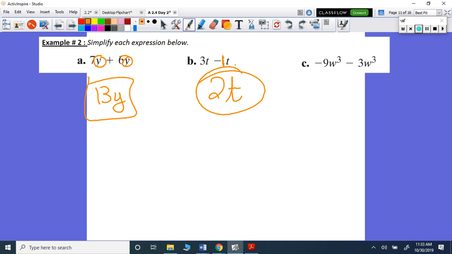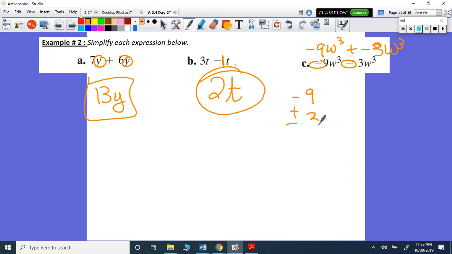What I want you to recognize, when we did this before for the whole sign number lesson, we rewrote those as adding and then changing the sign. I don't want you to think of that now. I want you to think of the sign in front as their sign. So that subtraction is the sign. It's the same thing as like signs.